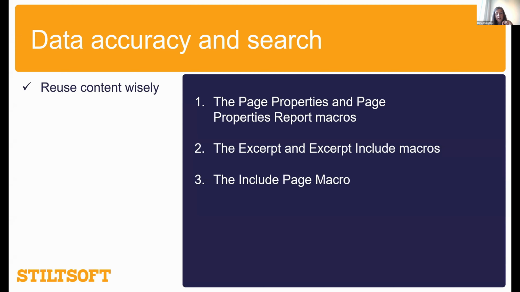I believe you guys use them extensively on your Confluence pages, and I'll show you how to combine the advantages of page properties with advantages of handy status and handy date.